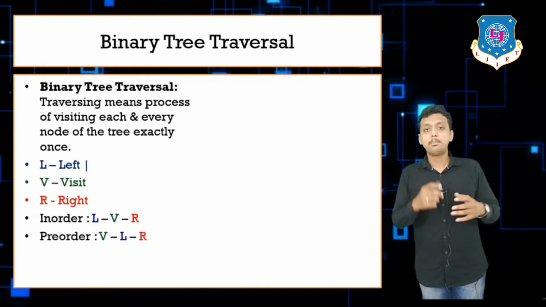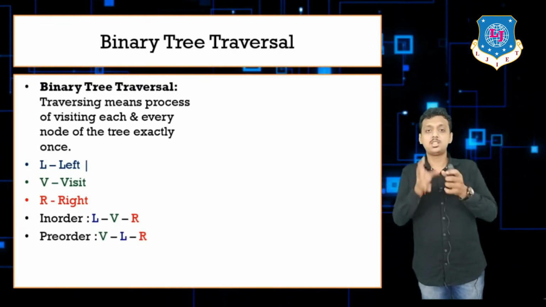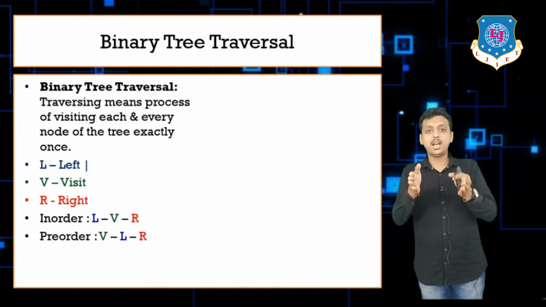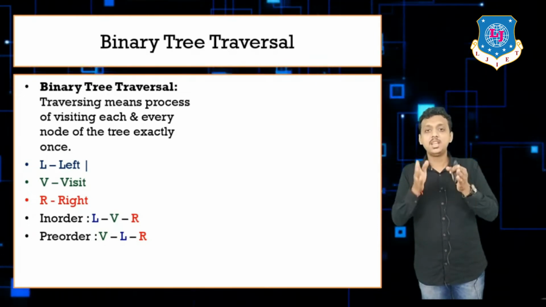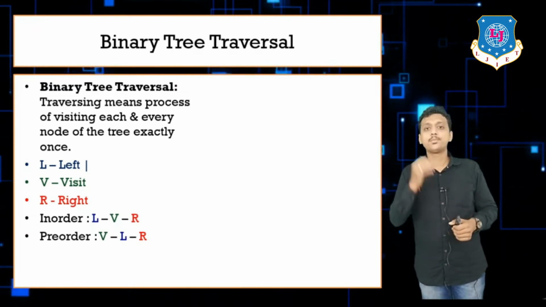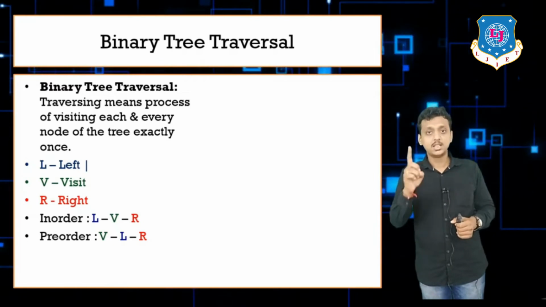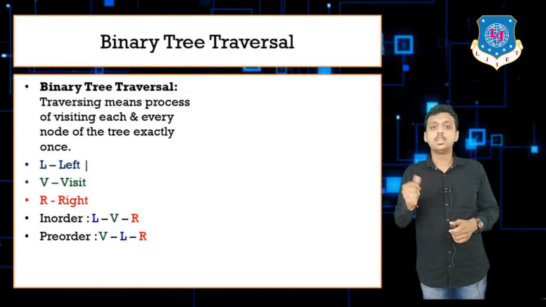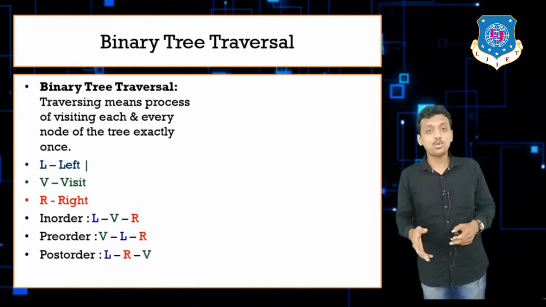Then we have pre-order. In in-order, V is in between L and R. In pre-order, V is first, because according to pre-order you first visit, then go left, then right. Now the next one is post-order.